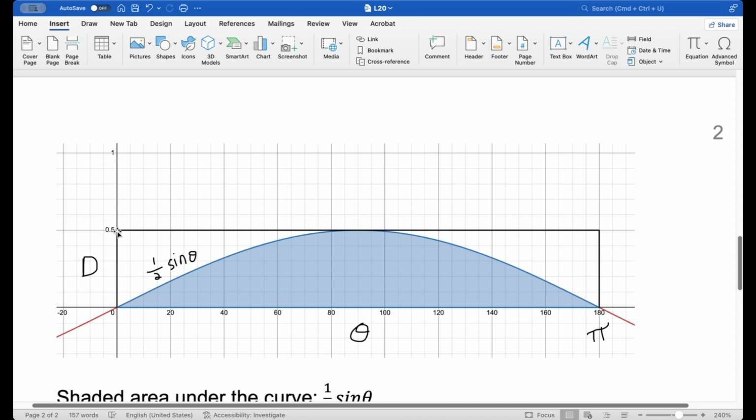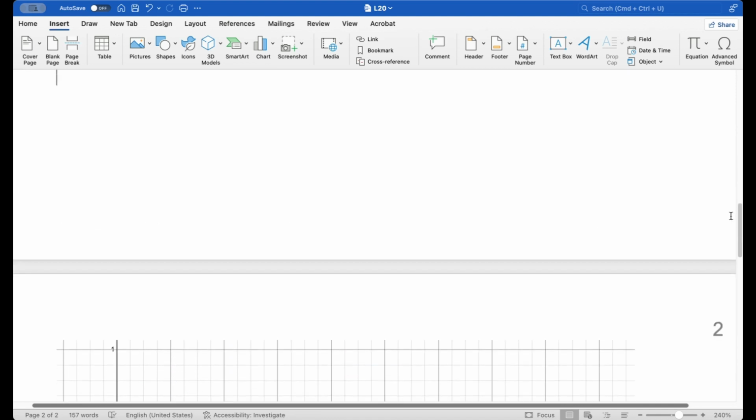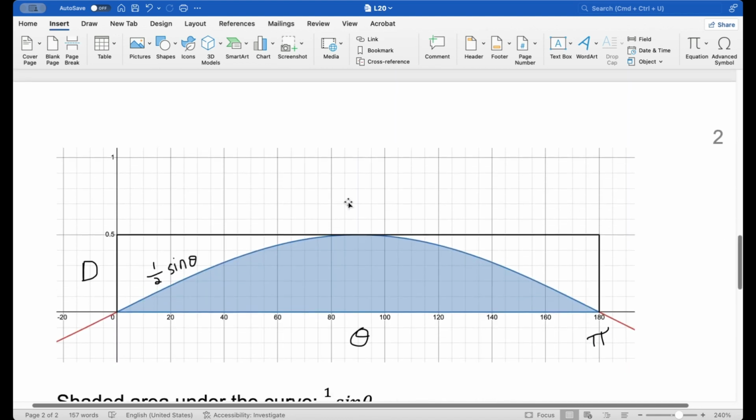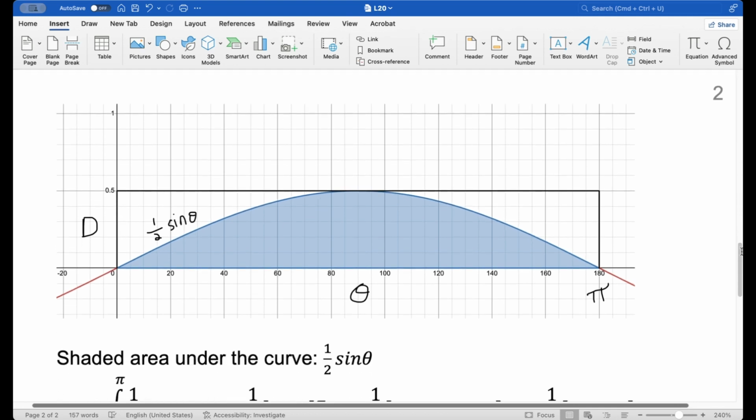So we want to know the probability that D is less than or equal to 1/2 sine theta. So it's essentially this: we have to measure this blue area compared to all possibilities, which is inside the rectangle. So the shaded area under the curve of 1/2 sine theta, that's the first step here.